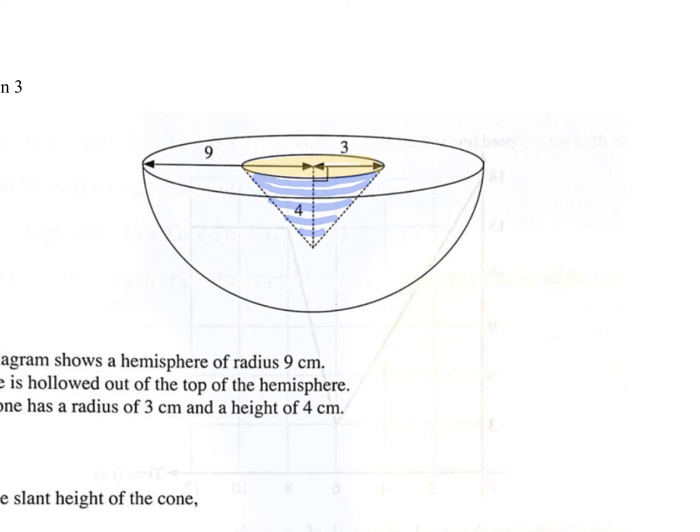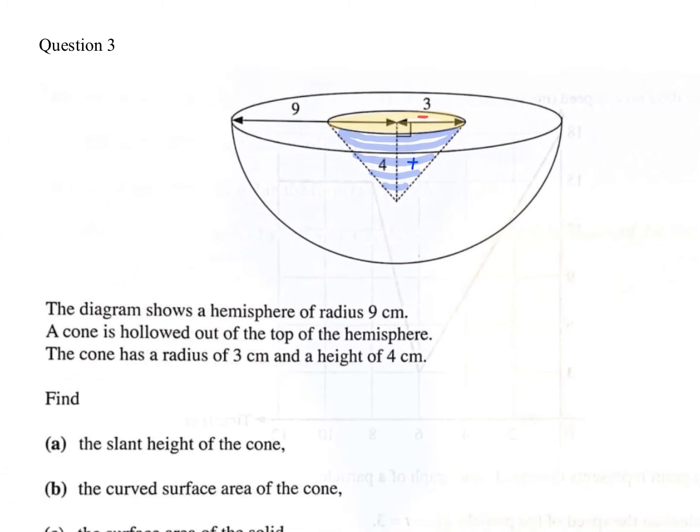So for the surface area, I need to add the surface area of this cone. But for this circle, I need to subtract it because I cut out that hole, while creating a surface for the cone as well. So later if they ask you questions on surface area, you have to be very careful. Do not just minus off directly.